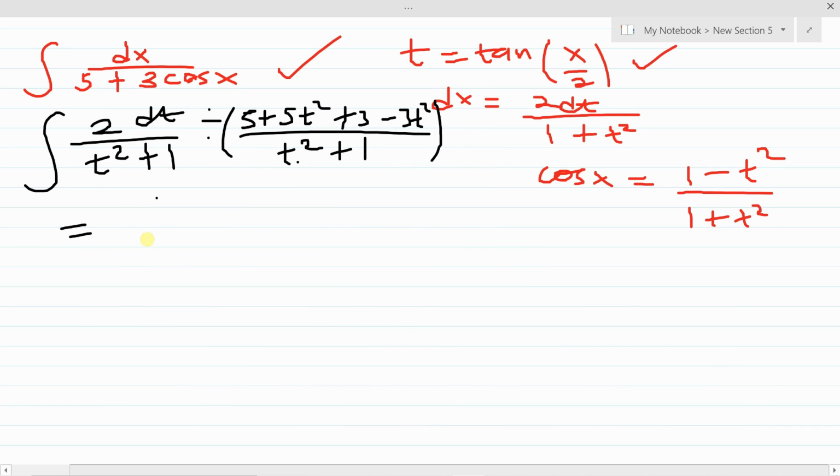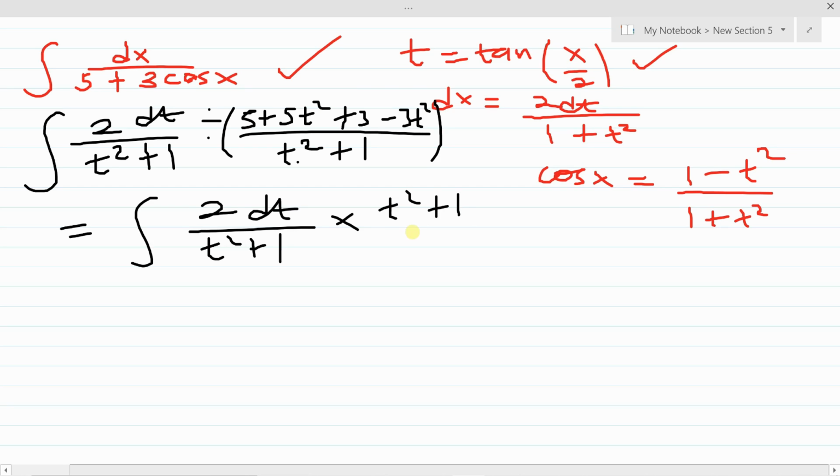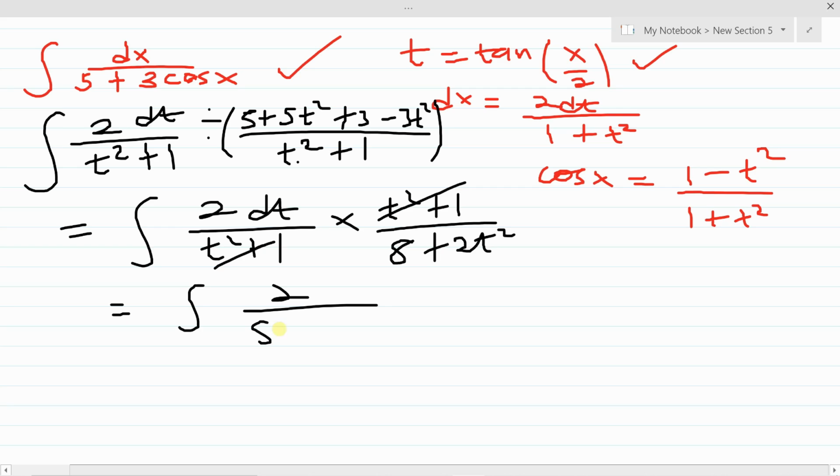So this is equal to the integral of 2 dt over t squared plus 1, then you reciprocate this, times t squared plus 1 over, when you simplify the numerator, you get 8 plus 2t squared. Now the whole of this, we take this out, so we'll have the integral of 2 over 8 plus 2t squared dt.